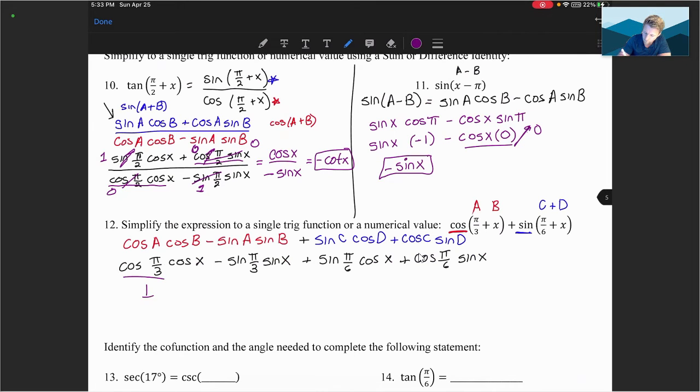So we have 1/2 cosine x minus sine of pi over 3 is going to be square root 3 over 2 times the sine of x, plus the sine of pi over 6, that's going to be sine of 30 degrees, which would be a 1/2. And then we'll still have cosine x. And then plus cosine of pi over 6, that's going to be our root 3 over 2 sine of x.